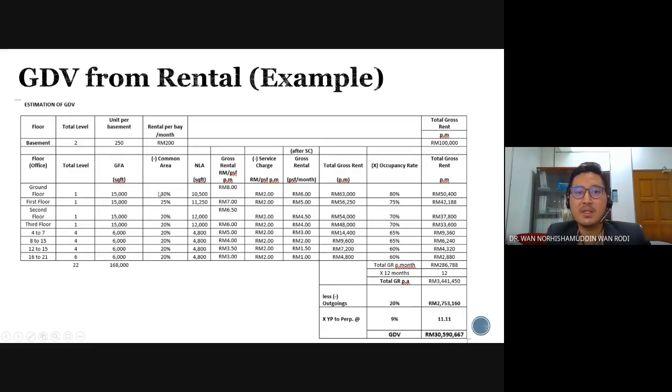So as you can see here, it is quite a complex calculation for GDV from rental, and it involves many types of data. For example, you need the gross floor area, you have to come up with the common area, and then you have to check the gross rental, service charge, occupancy rate, and also the outgoings. Compared with the GDV from sales, it is quite a complex calculation, especially in the context of GDV from rental.